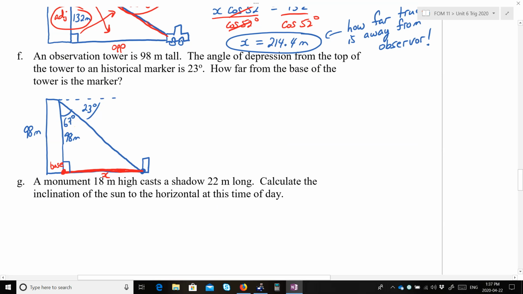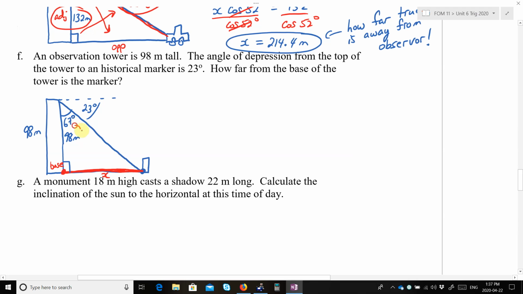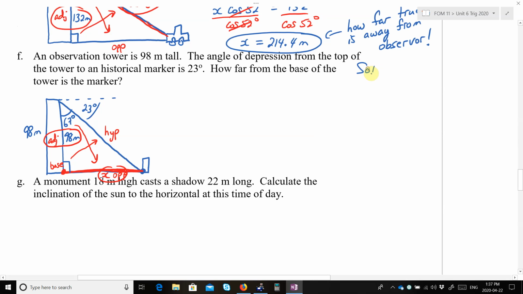So this angle right in here is 67 degrees. Okay, so based on the 67 degree angle, the x is the opposite. Across from the 90 is the hypotenuse, which means the 98 is the adjacent. We have the adjacent, we're looking for the opposite.